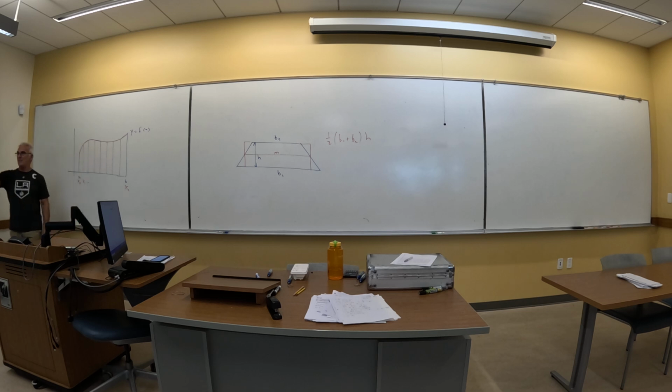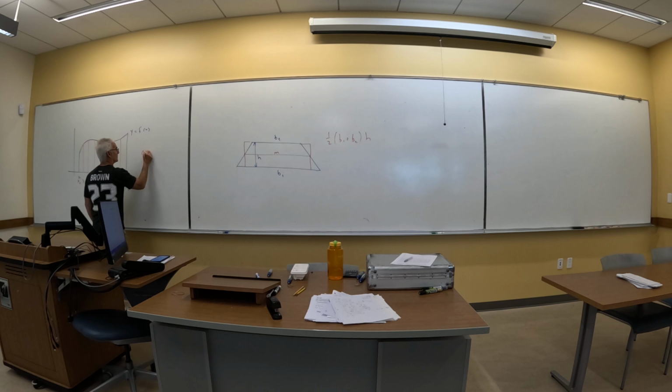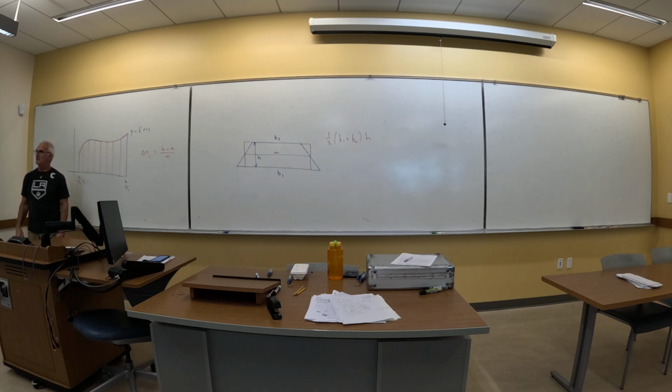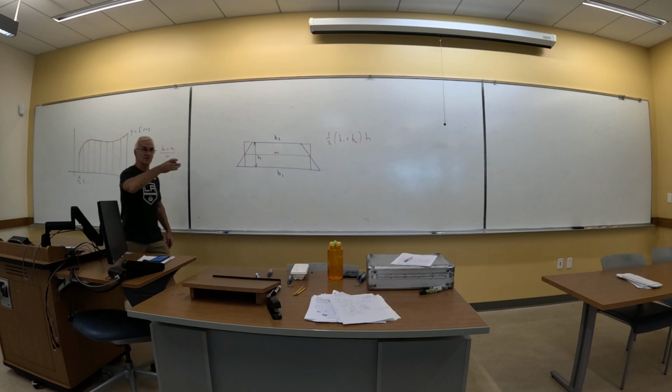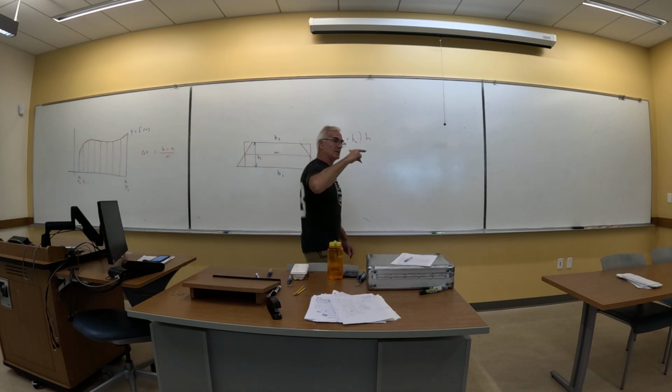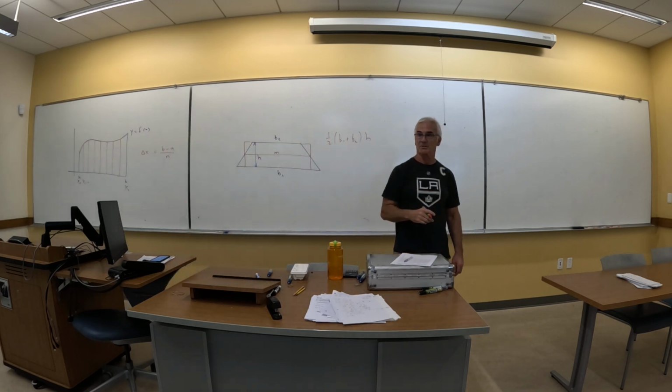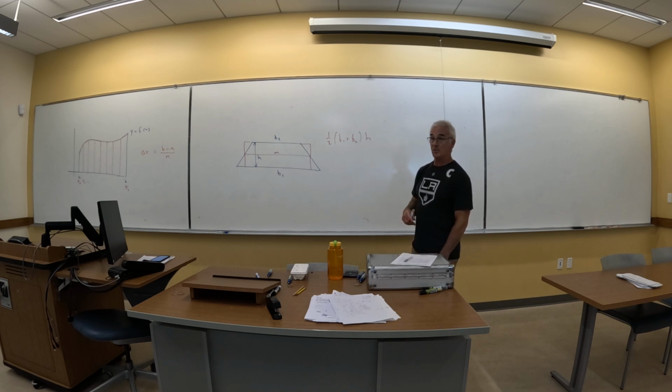But like we did the first time, when I used the summation formulas, when we made all of our delta x's of equal width, we said the delta x's are all going to be the same thing. It's going to be the width of the interval divided by the number of partitions. So I'm going to erase the i because they're all the same. I'm using the same delta x across the board, like we did in the very first problem that we did with summations. Okay, you with me so far?